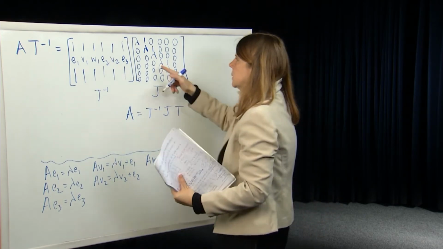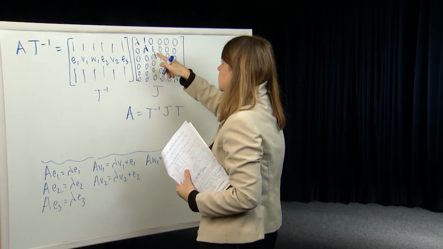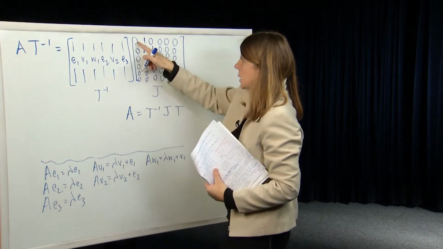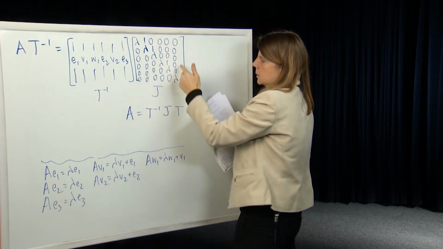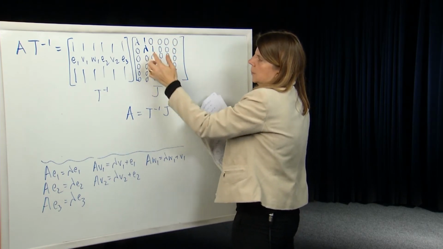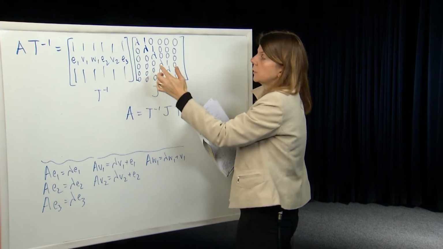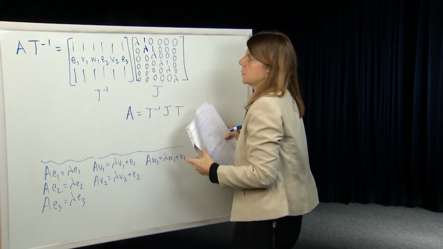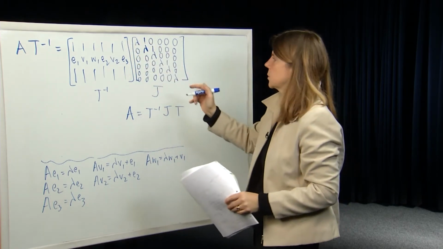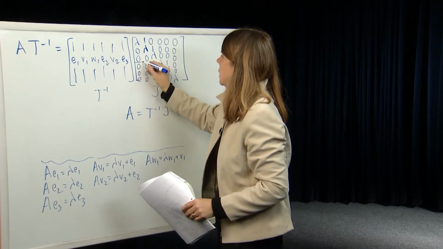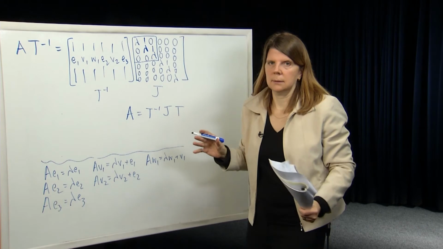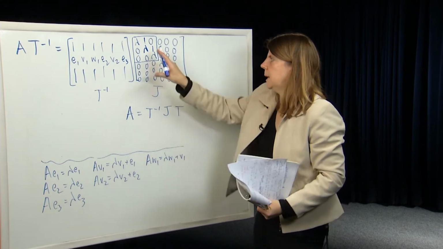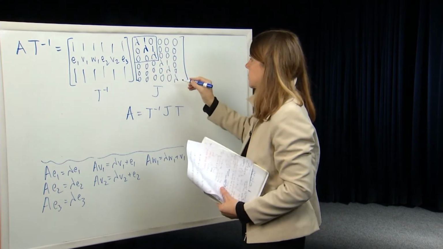The columns associated to eigenvectors have 0 on the superdiagonal, but columns associated to generalized eigenvectors have a 1 on the superdiagonal. From this we can derive what we mean by Jordan blocks. I can represent this matrix as a matrix whose diagonal entries are blocks.